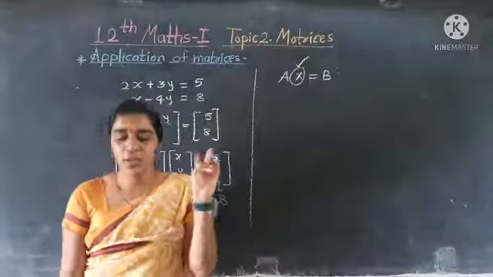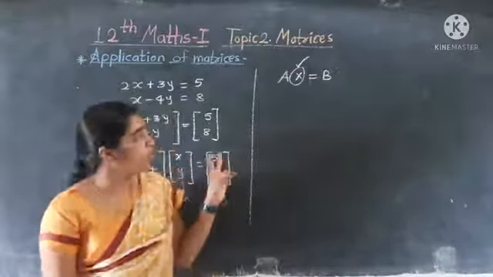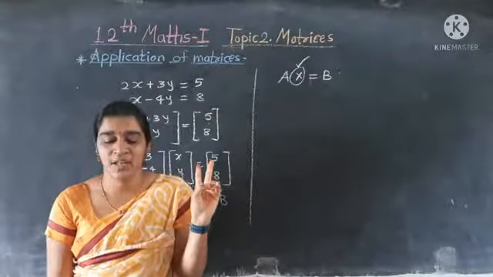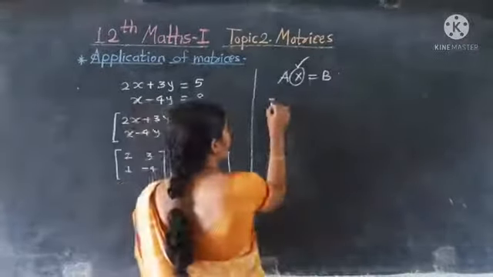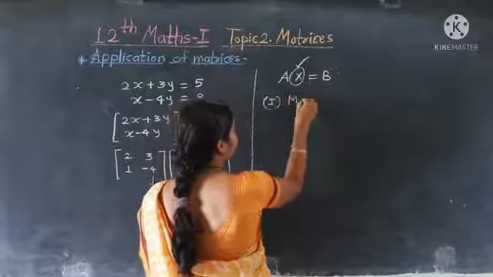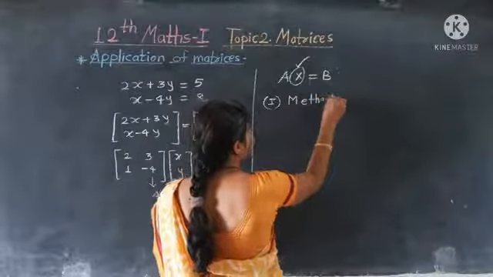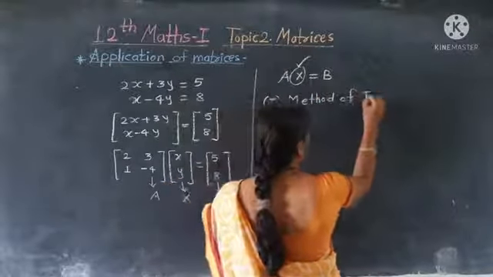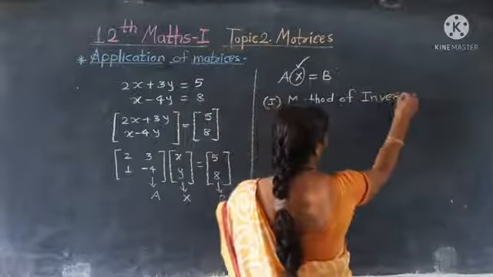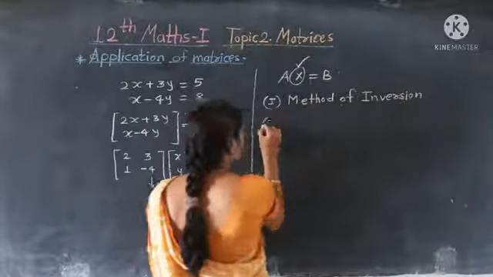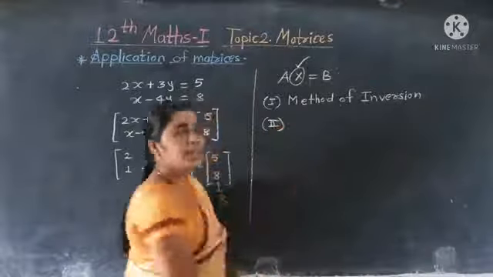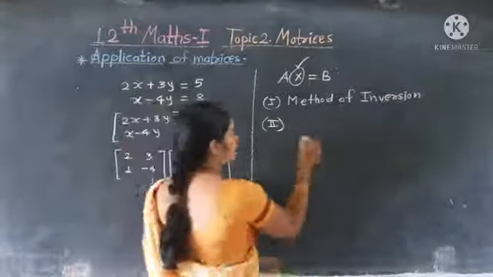There are two methods of finding the value of X. The first method is the method of inversion, and the second method is the method of reduction.